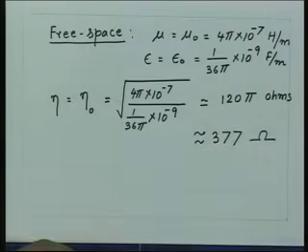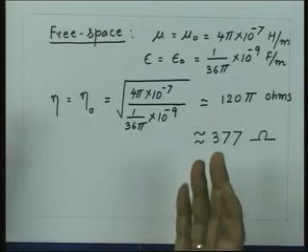The power was given to a resistance which is of a value 120 pi or 377 ohms. Now, this is very interesting that when in the medium there is nothing there, at the free space, that medium appears like a resistance of a value of 377 ohms.